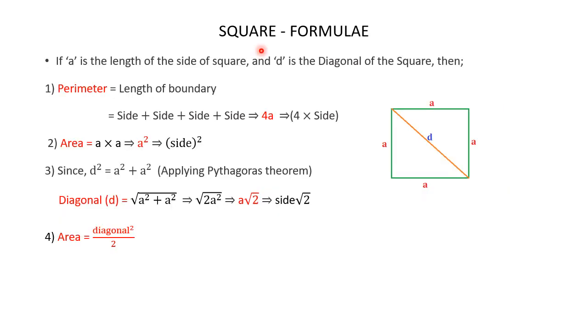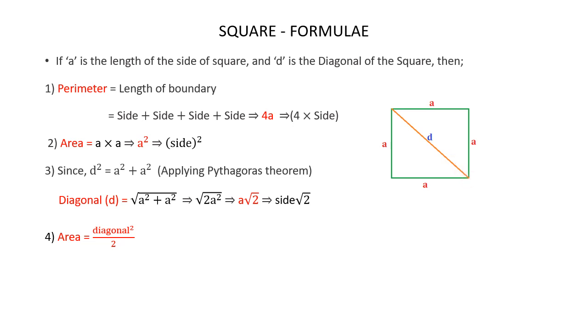Let's look at a few formulae for squares. Look at this square. We know that the four sides of a square are equal to each other. So if this side of a square is A, then each of the other sides would also be equal to A. Now this is the diagonal of the square.